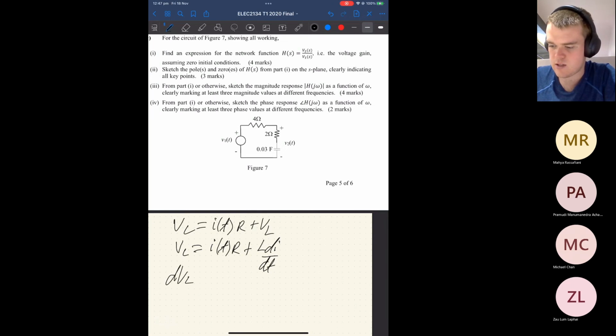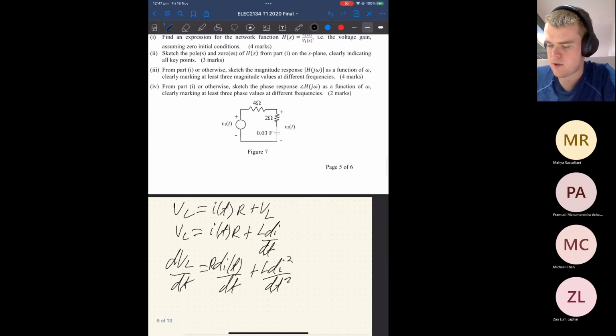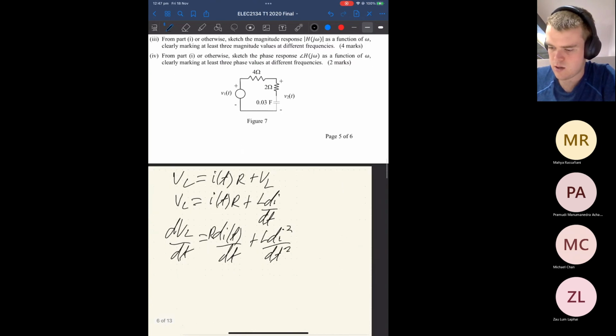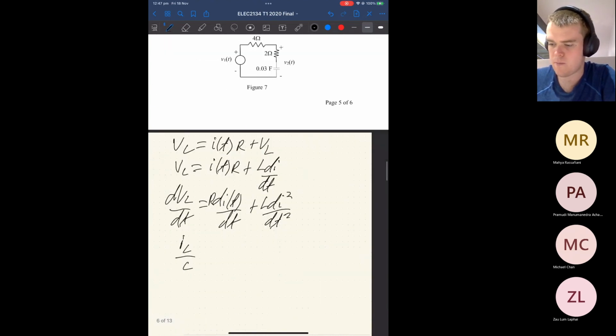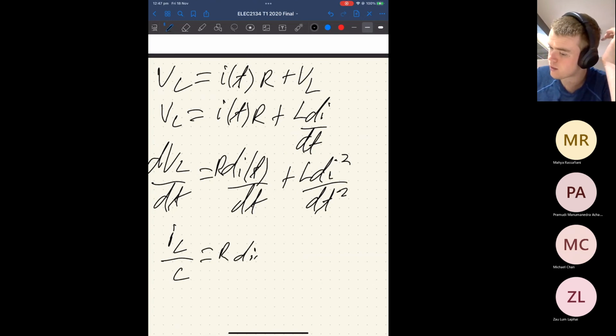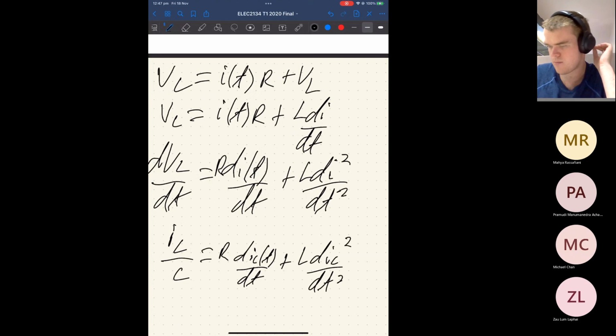Then we get dVc/dt is equal to R di/dt plus L d²i/dt². And so then I can replace that with i_C/C, which is equal to R di_C/dt plus L d²i_C/dt².